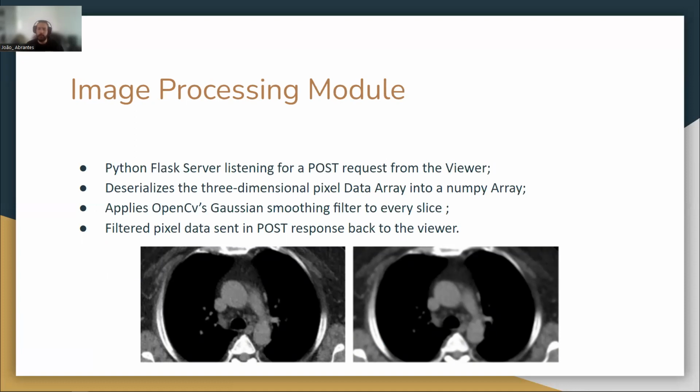The server receives a POST request from the data selector and sender, loads the JSON objects and consumes a NumPy array with the data, which will then be processed by a Gaussian filter implemented in OpenCV. After the processing is done, it serializes the processed array and sends it back in the response to the viewer.